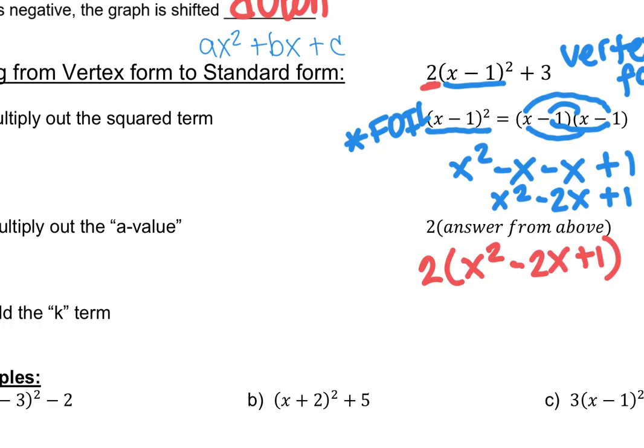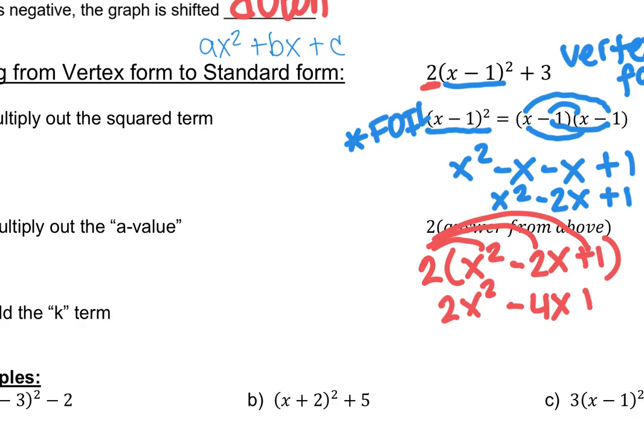Now remember, when you multiply out this 2 into this, you will distribute that 2 to every term in that parentheses. That's where a lot of error happens, is everyone does it to the first term, but they forget about the next 2 terms. So 2 times x squared is 2x squared. 2 times negative 2x is -4x.